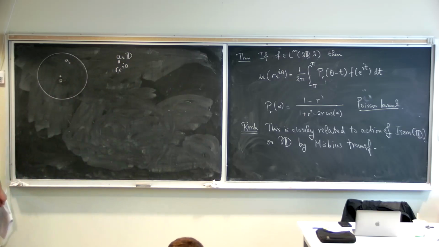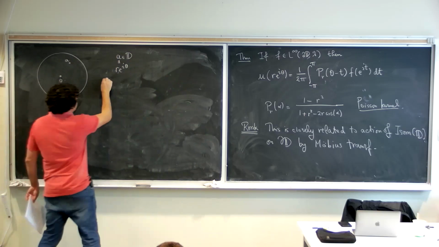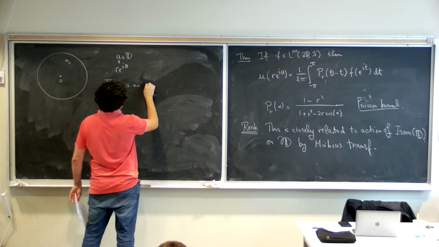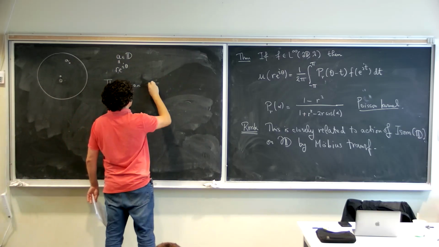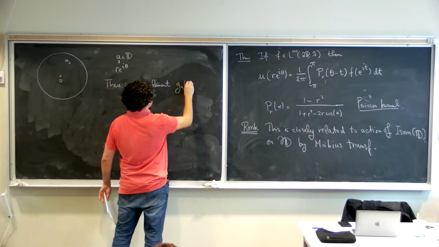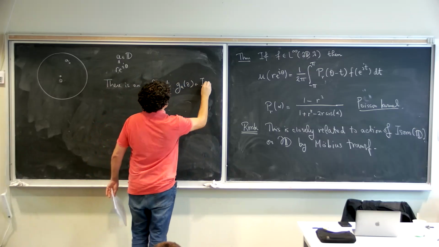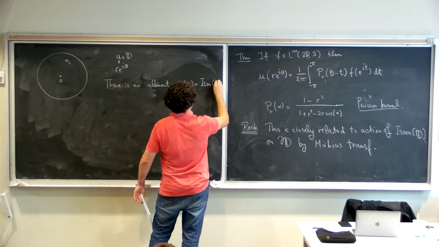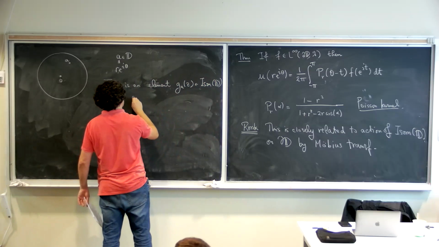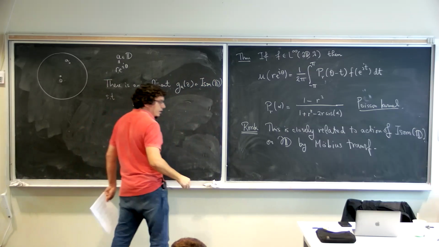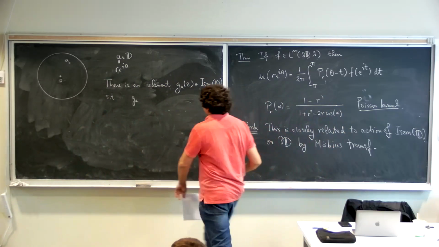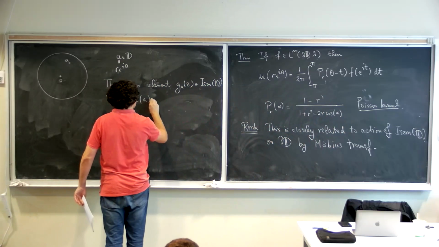Now there is an element g_A of z in the isometries of the disk such that we bring A to 0.